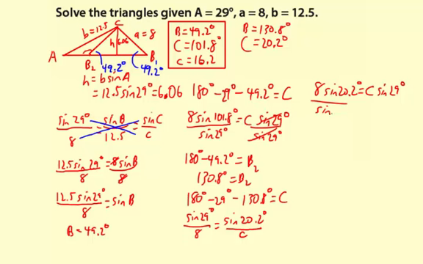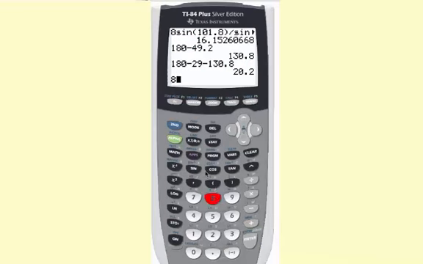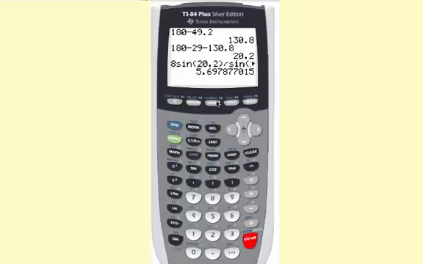Divide by the sine of 29 degrees. So side C is going to be this calculation, 8 sine of 20.2 degrees divided by sine of 29 degrees. So rounds to 5.7.